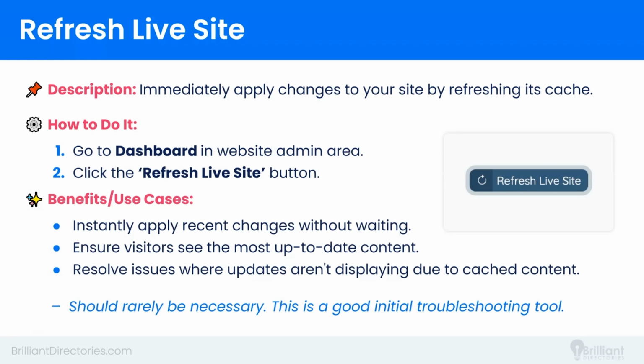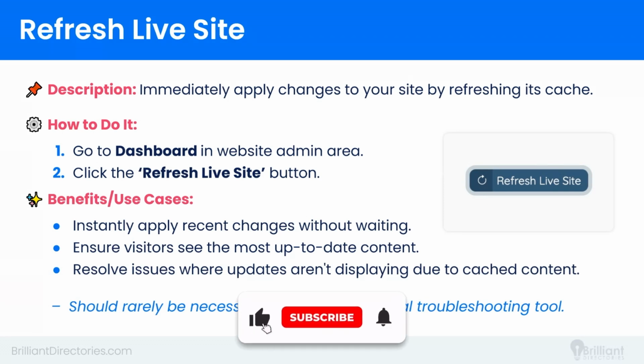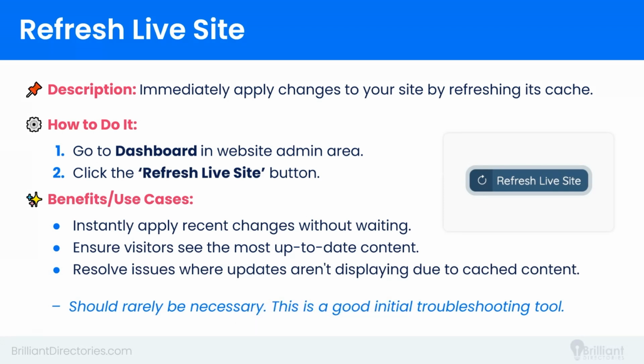If you're making a lot of changes in quick succession, or you're just not seeing updates apply immediately, you can click that button, and all it does is refresh the website's cache so you should immediately see those updates.